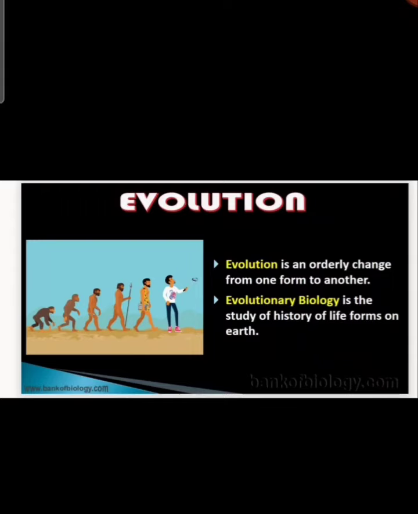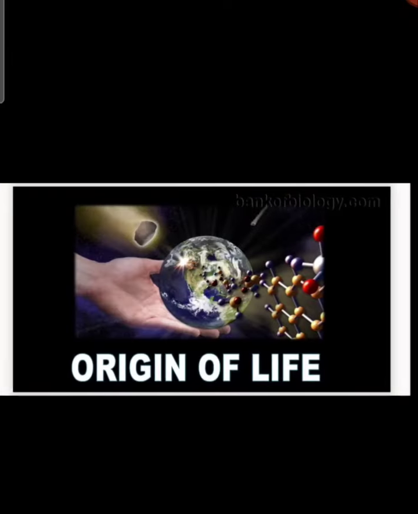The different factors that cause evolution, the evidences that show evolution, and many different theories that defined evolution as well as defined how life existed, everything we are going to study in this chapter.